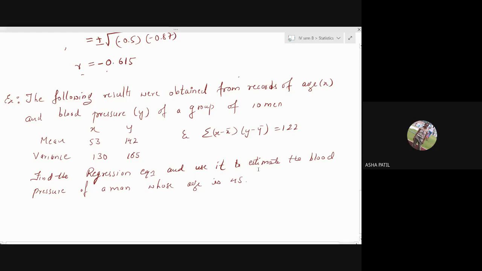Can you tell what should be done? What should be done here? What do you have to find?